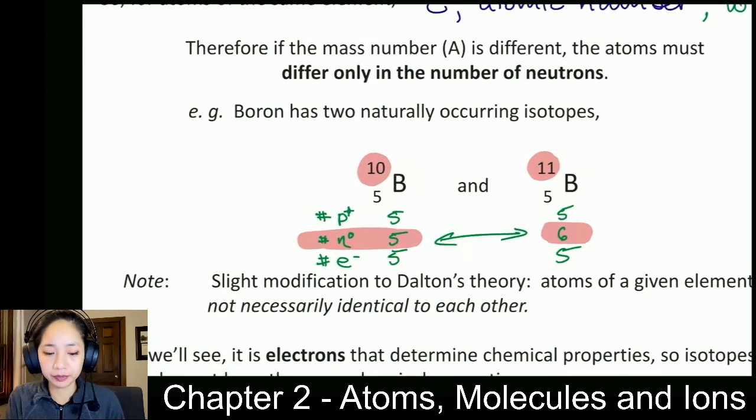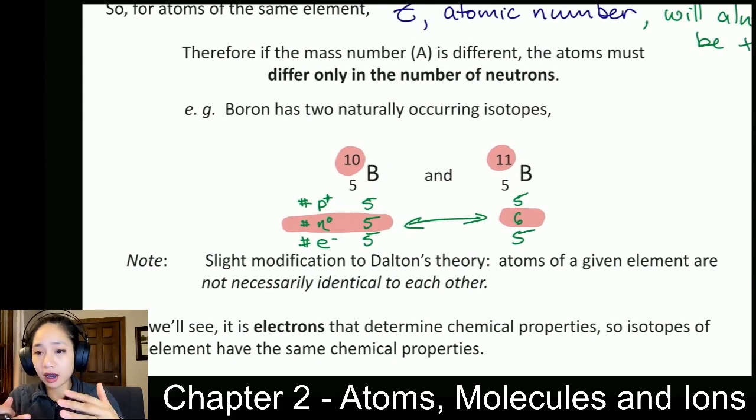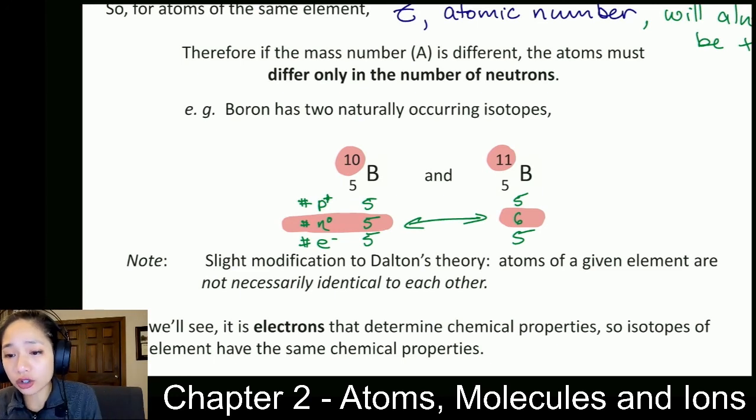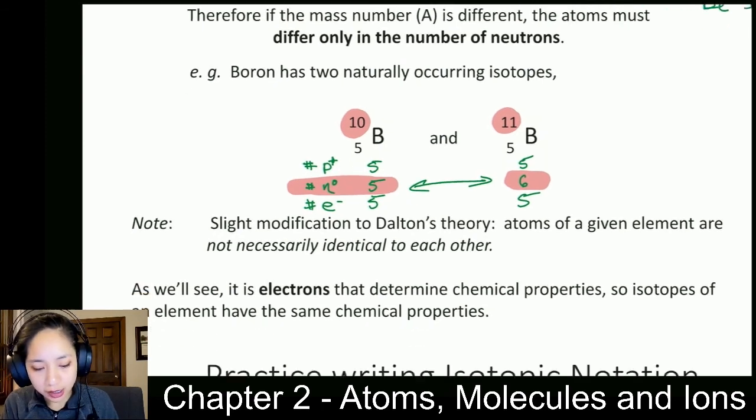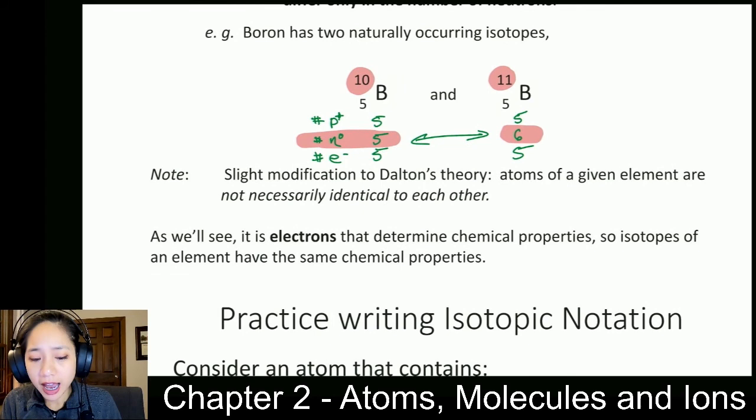So you see the only thing that differs between these two isotopes is the number of neutrons. This is an example of where Dalton's initial atomic theory breaks down again, because here we have atoms of the same element, but they aren't identical to one another. They are slightly different. What we'll learn as we go through the rest of this course is that electrons help determine the chemical properties of different substances.